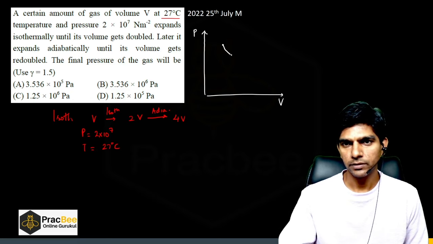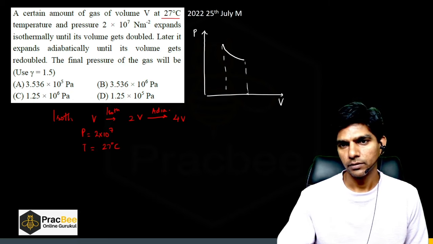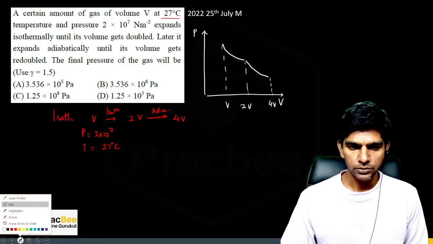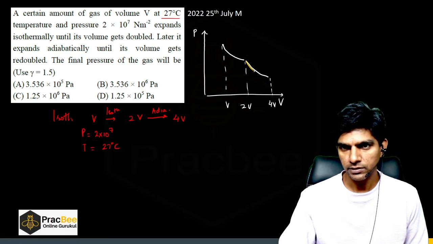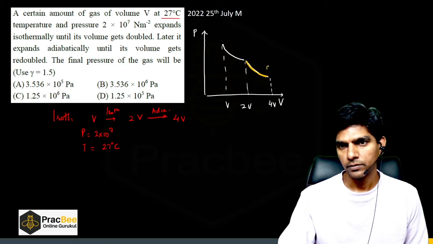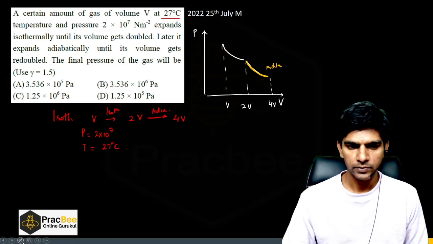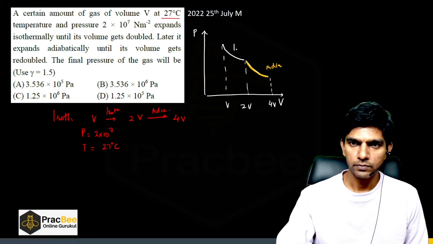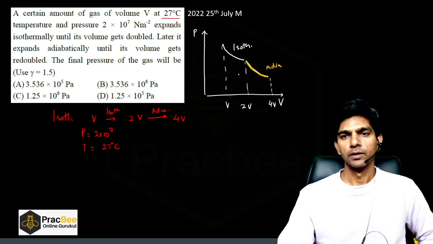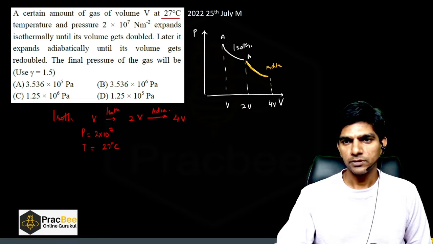So first it expands isothermally from V to 2V, and then it expands adiabatically from 2V to 4V, right? So let me show it with different colors. This one is adiabatic expansion, and this white one is isothermal expansion. Let us say this is A, this is B, and this is C.